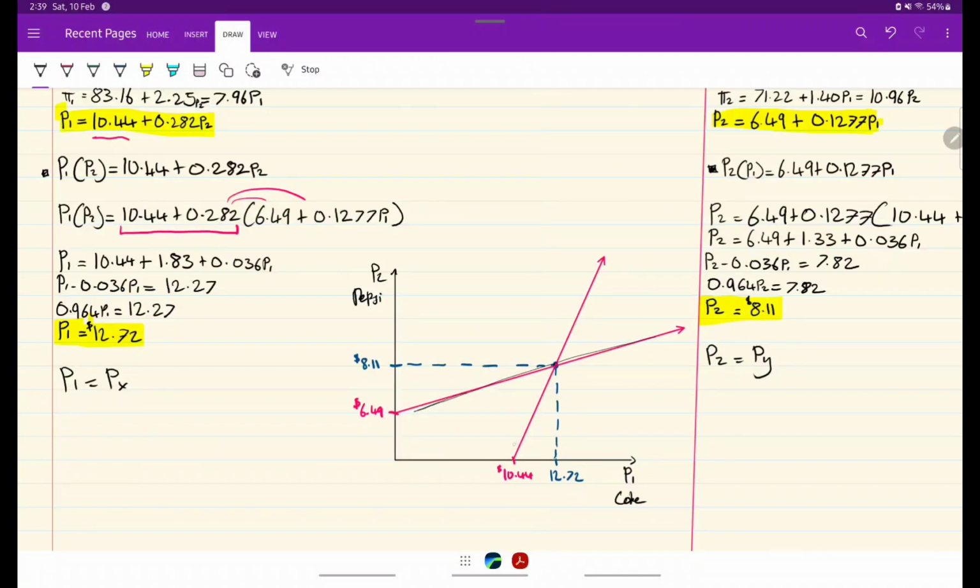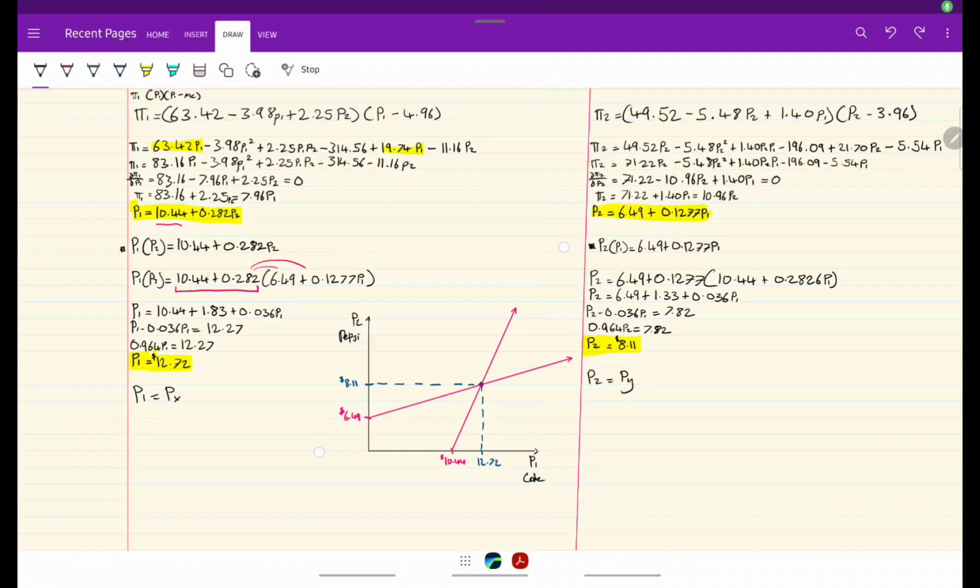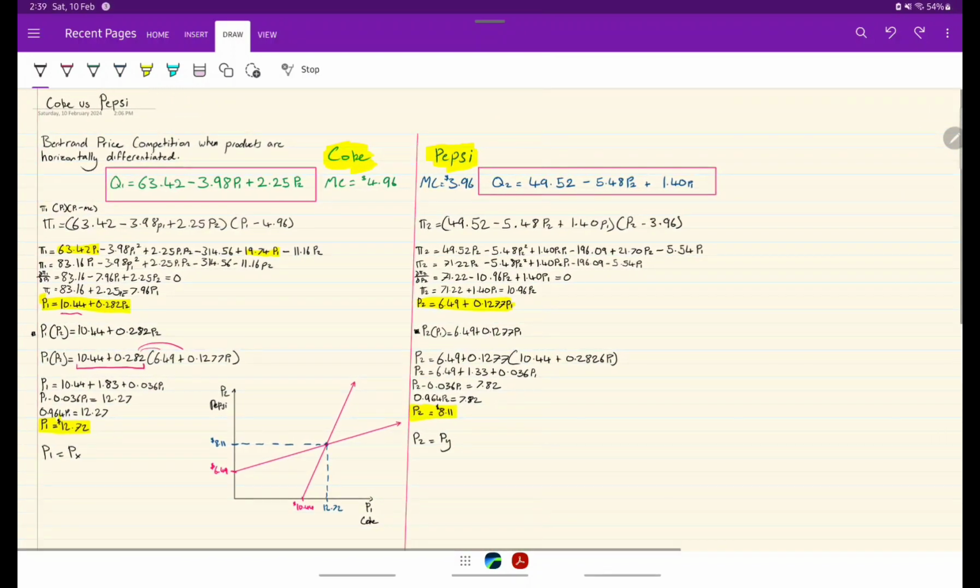That's going to maximize their profits given the market. And that is your work. Not too hard. And a real life example. So practical applications. That's what you want.